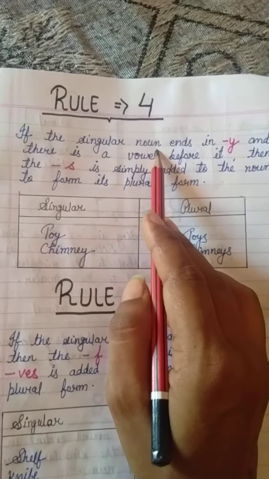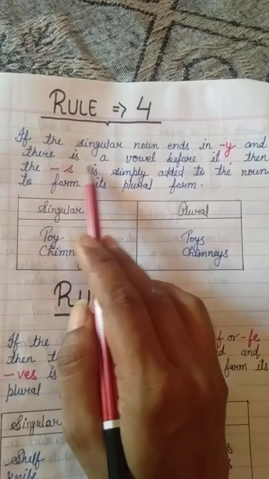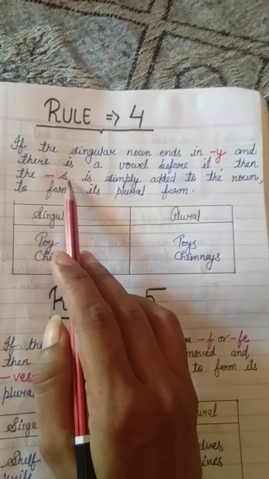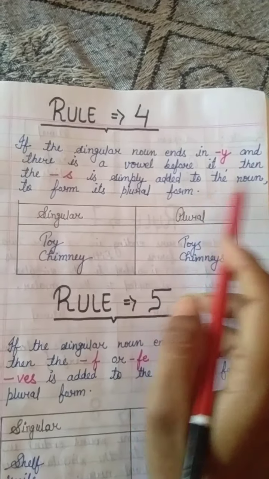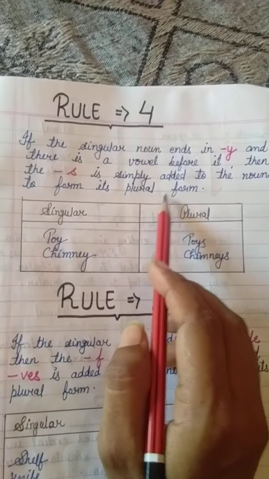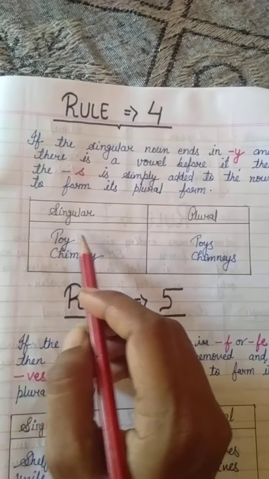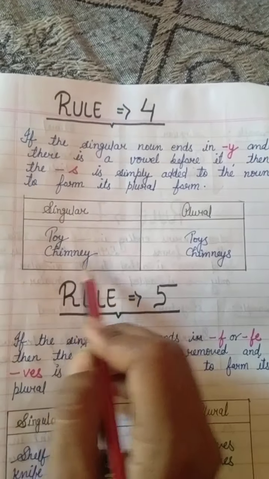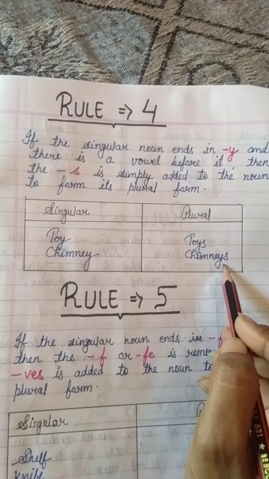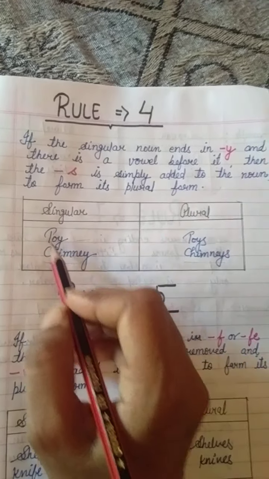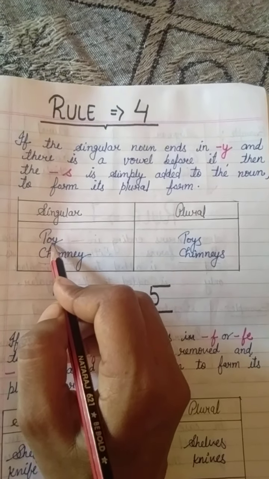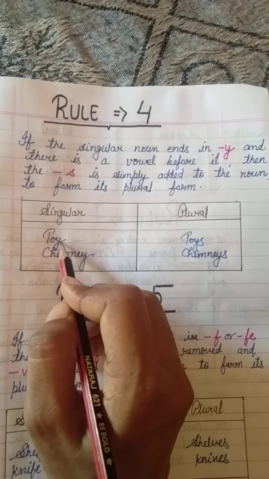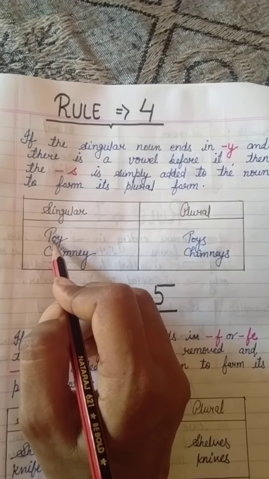Now let's talk about the rule number 4. If the singular noun ends in y and there is a vowel before it, then s is simply added to the noun to form its plural form. For example, toy, toys, chimney, chimneys. Students, you can see that the singular noun toy ends with the letter y and there is a vowel before it.